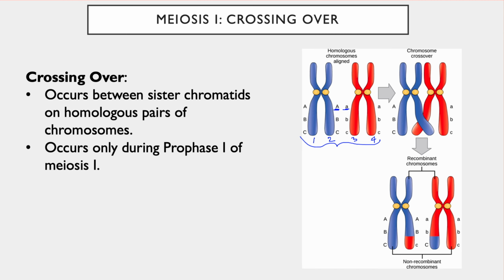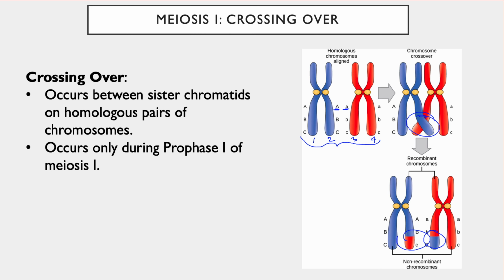When crossing over occurs, it will occur when the tetrad has been formed. You will swap portions of the arms that are closest together, and we call these recombinant sister chromatids. So that you see here, you've got a recombinant sister chromatid and a recombinant sister chromatid.